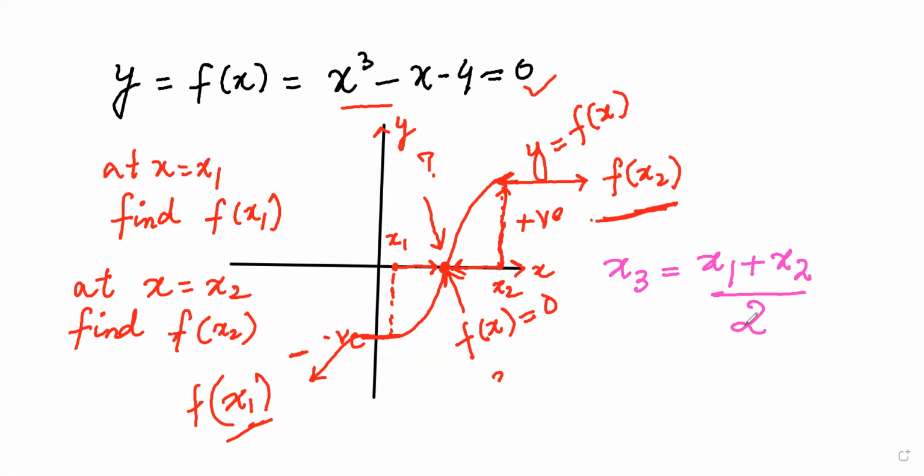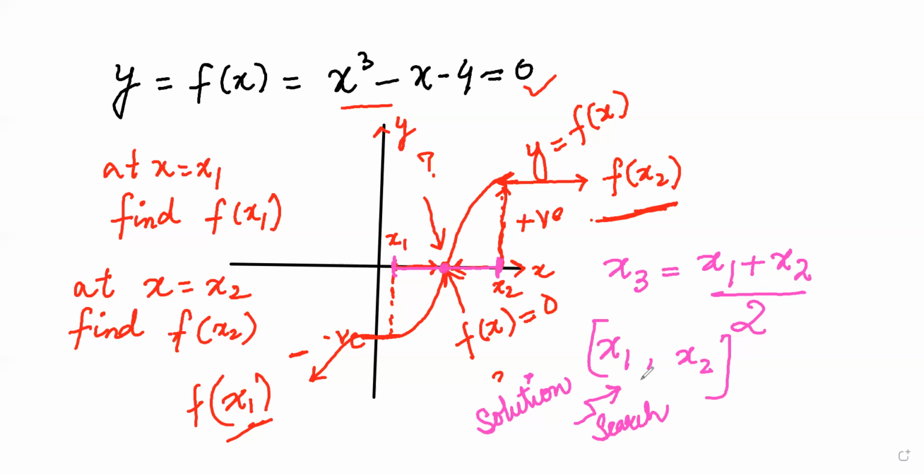The interval from x1 to x2 is the interval in which our solution is lying. That's why it is called the solution interval, or also the search interval. You have to search for your solution in this interval from x1 to x2.